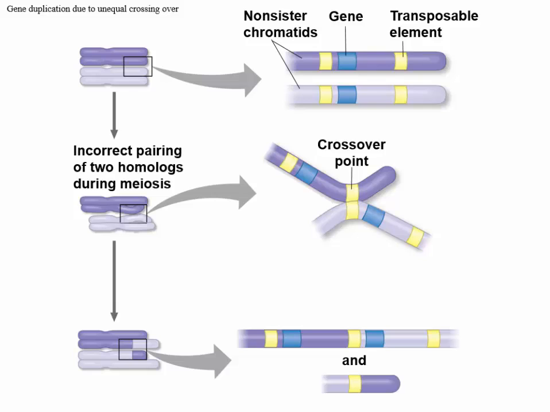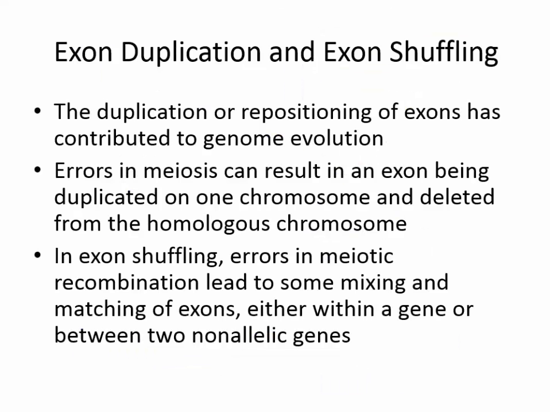So what you're seeing is slight misalignment, a little bit bigger on this side, a little bit smaller on that side. And then there's the crossover point, and what you end up with is 2 completely different chromosomes instead of identical ones. The duplication or positioning of exons has contributed to genome evolution.